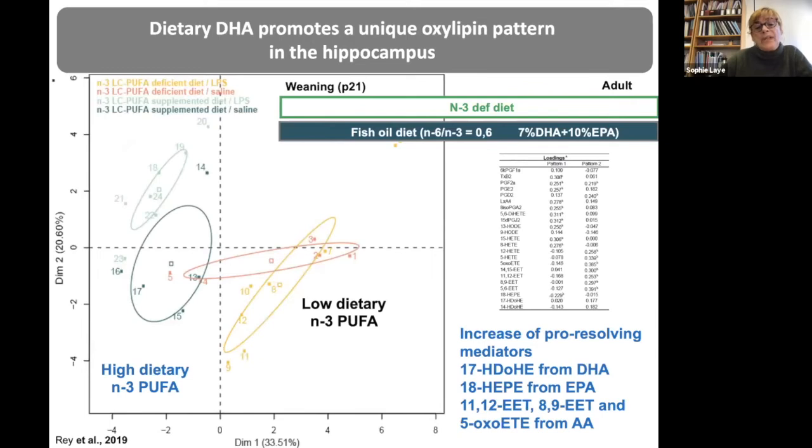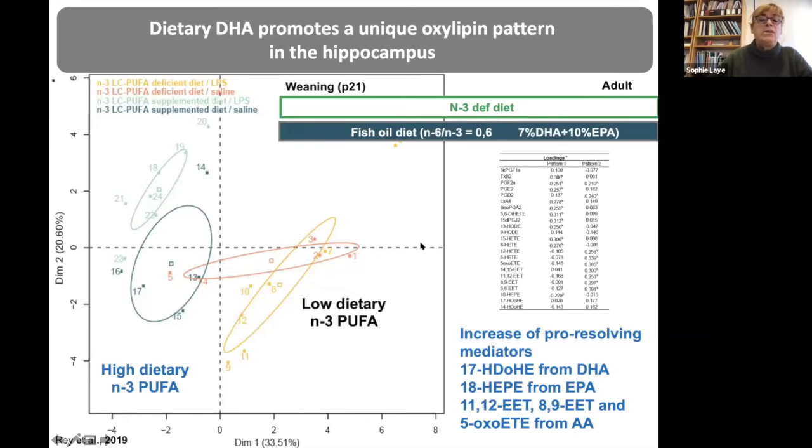And another thing that we wanted to understand was whether, when we change the amount of omega-3 in the diet of animals, we could change the amount of oxylipins found in the brain. So here again, we fed animals with a diet that is deficient in omega-3, and the other group was a group of animals fed with a diet rich in EPA and DHA, so rich in long-chain omega-3.